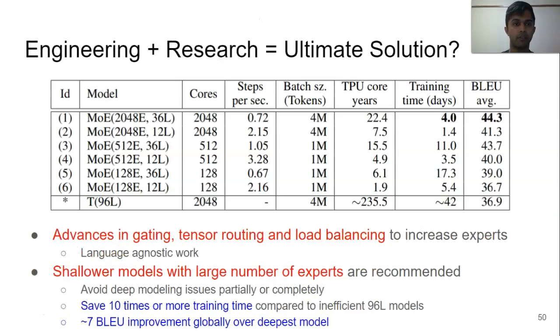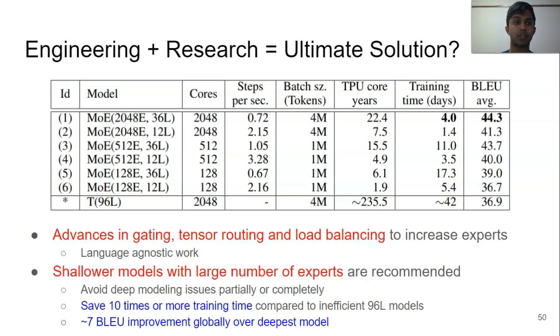If you look at the results, first look at the table and the bottommost row. It shows a massively multilingual model with 96 layers. It takes a significant amount of time to train, and it gives a particular translation quality, averaging around 36.9 over all translation directions. It is clear that using mixtures of experts with significantly fewer layers, like 12 layers or 36 layers, has a very strong impact on translation quality, and it is able to beat this extremely deep multilingual model by a substantial amount.